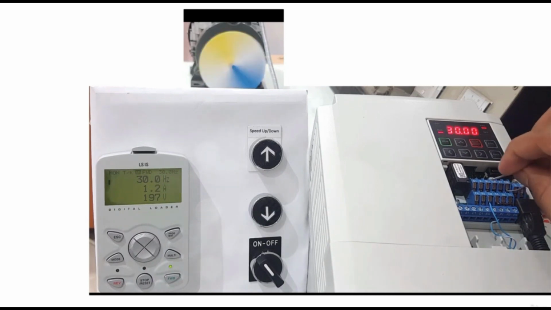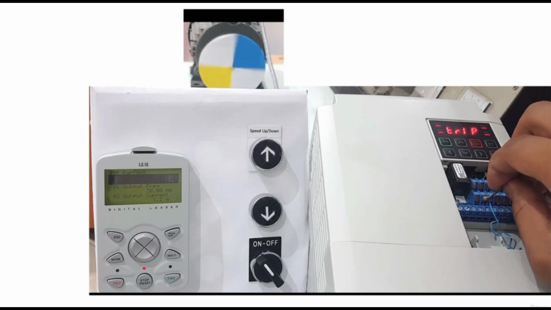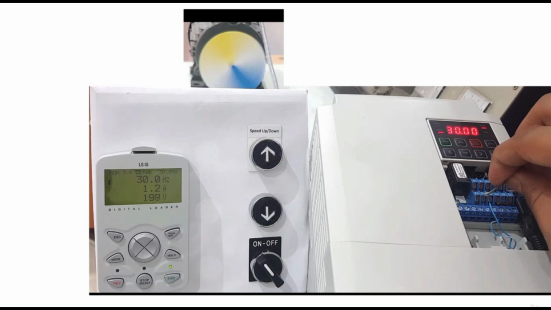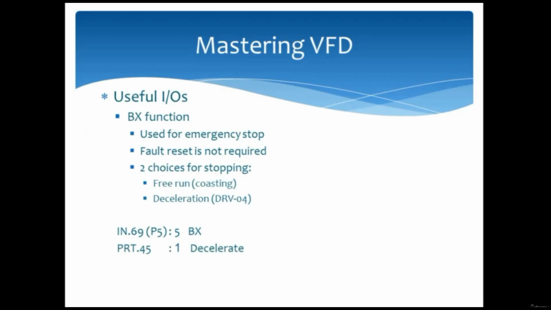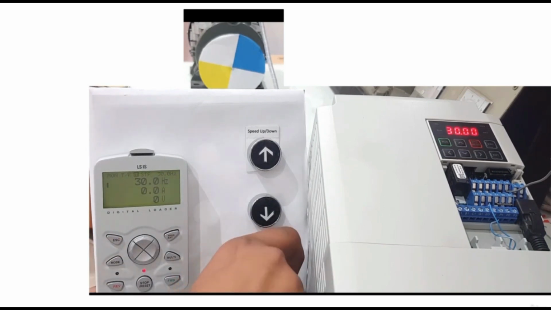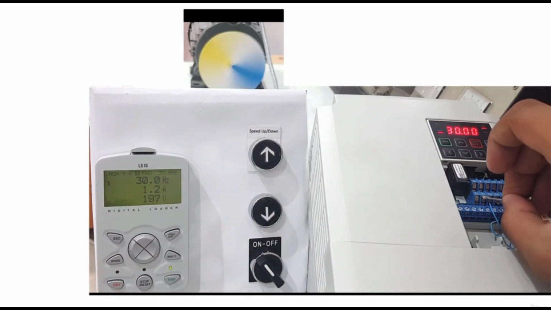As soon as I connect P5 with CM, the motor gets into free run condition and BX is displayed on the screen. Once I release P5, the VFD resumes its operation. In case we select decelerate to stop by going to PRT 45, once P5 gets signal, motor will decelerate within the time we set, which in our case is 0 seconds.